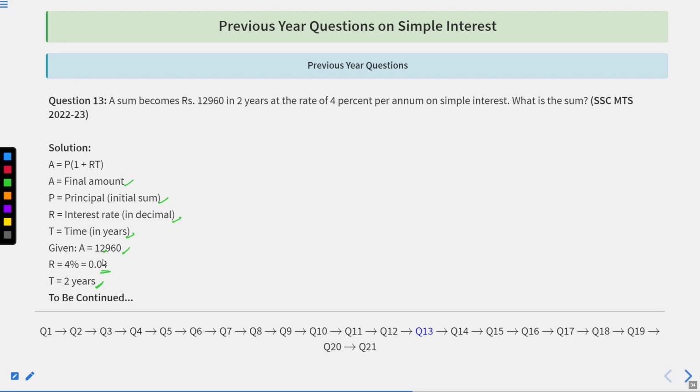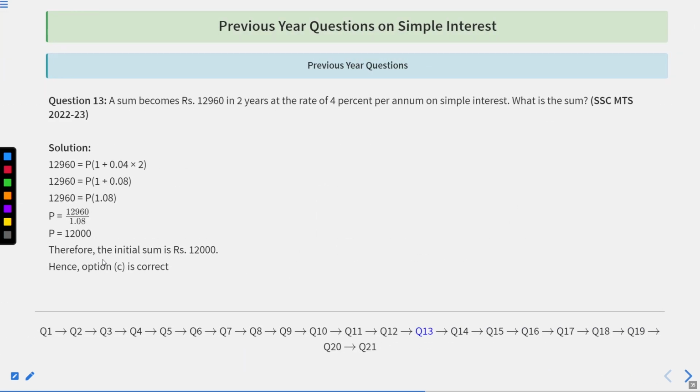Now we have all the values and we want to just find out the value of P, that is the amount that was initially invested. So when you substitute the values, you will have 12,960 equal to P times 1 plus 0.04 into 2, and the right hand side will get simplified to P times 1.08.